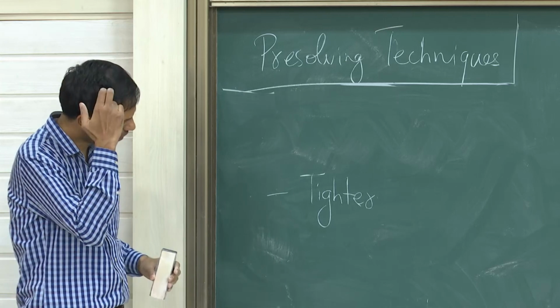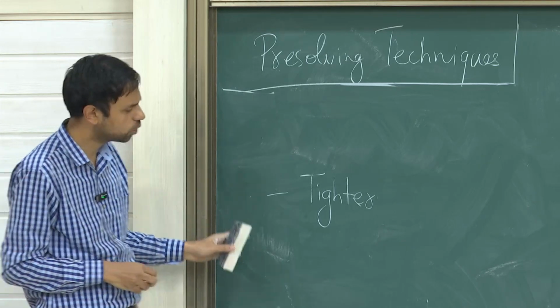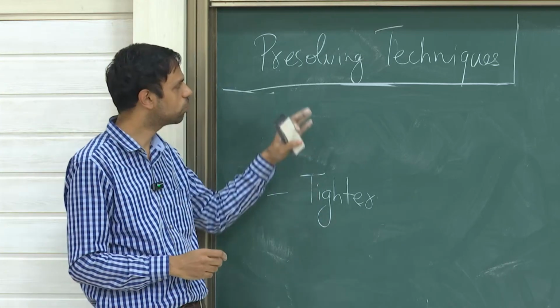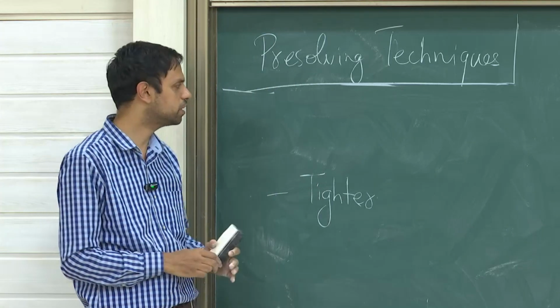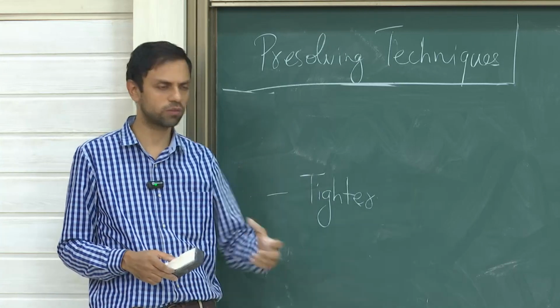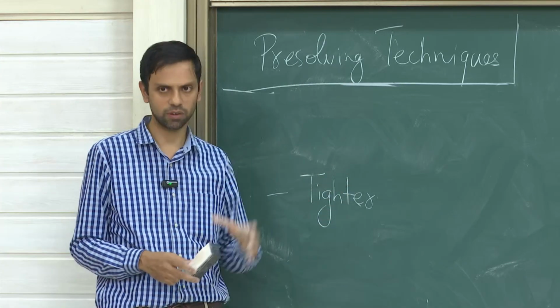So we will just start looking at examples of what happens when you write a bunch of constraints in variables and try to call a solver who's trying to do some pre-solve.